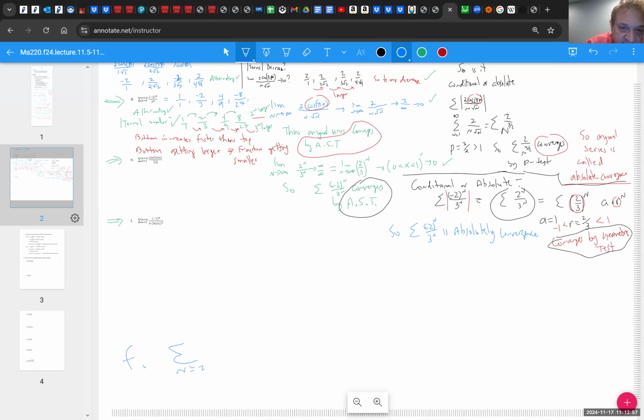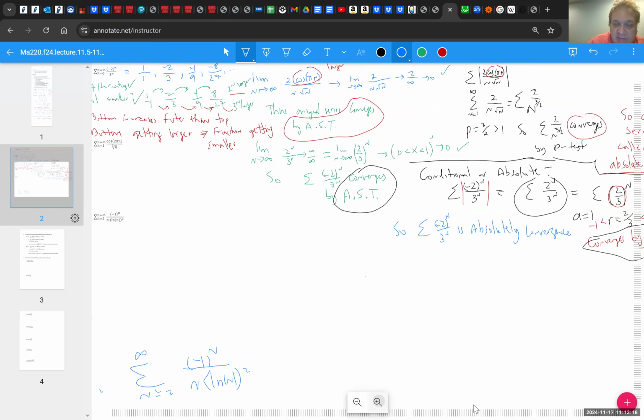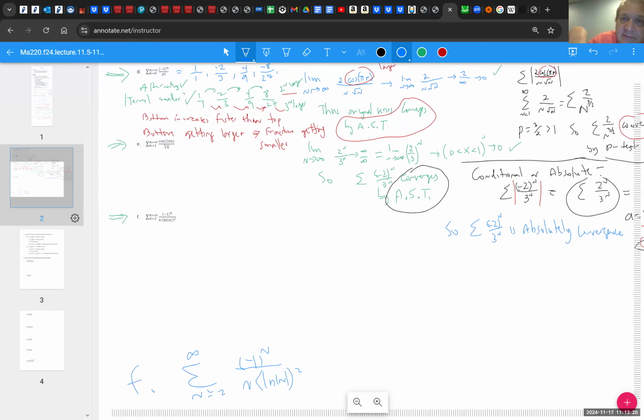It goes from 2 to infinity of negative 1 to the n, so classic positive-negative thing, negative 1 to the n, and then on the bottom, we get n and then (ln n) squared. So I'll do F after E, but I'm going to write E right over where F is. So we're not going to lose F, even though I'm going to write over it. So I'll just get rid of this for the moment and move it down there.